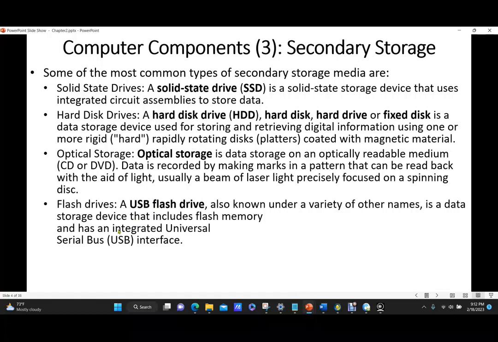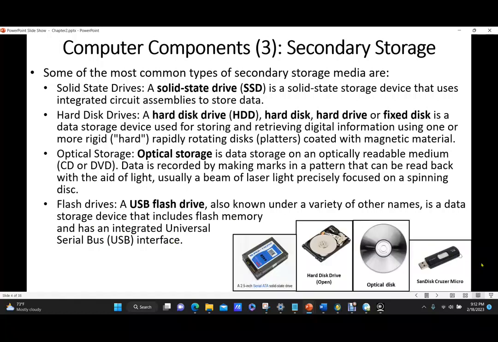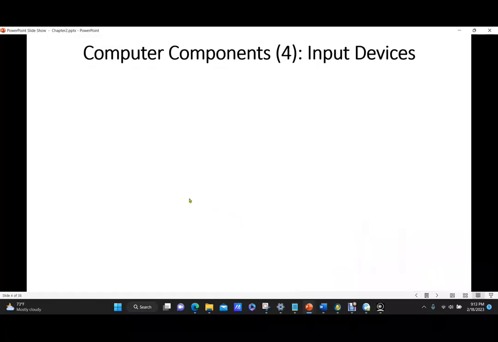Flash drives are similar to solid state drives, but have their own integrated USB interface, which means they can be moved from one computer to another relatively easily, whereas the solid state and hard disk drives are built into the computer and are not transferable.